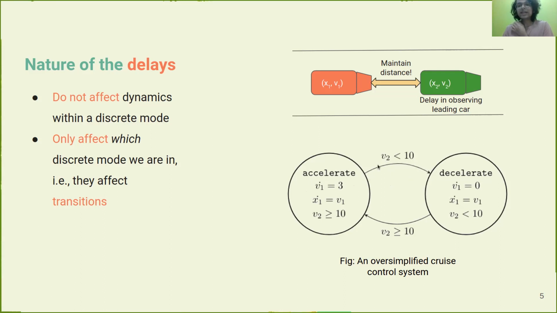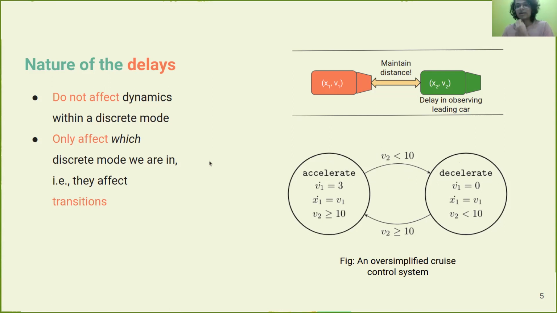We would have some delay associated to observing the velocity of the leading car, which is in this case v2. And when we have this delay, the orange car cannot shift from the discrete location accelerate to decelerate immediately. There would be some delay.